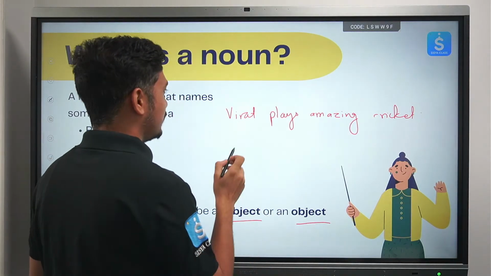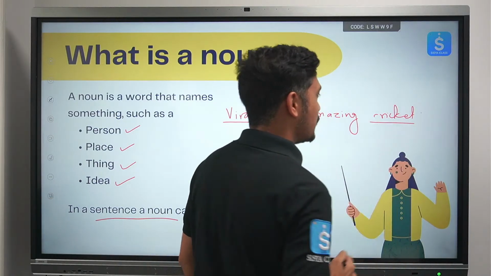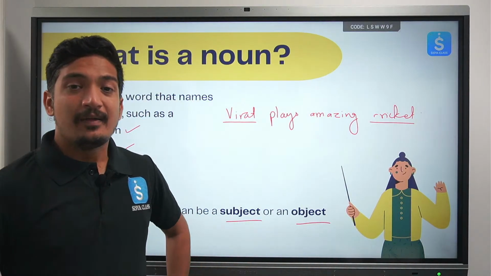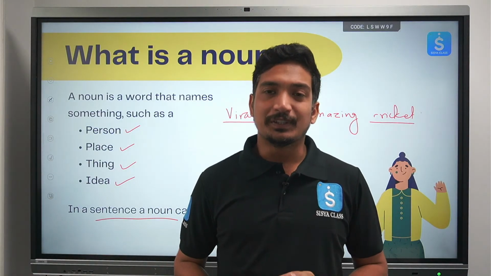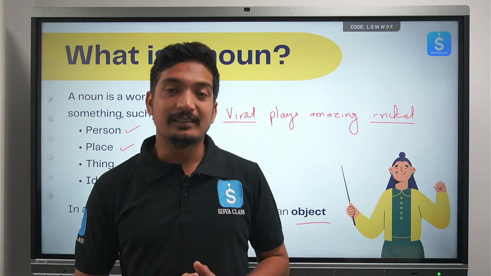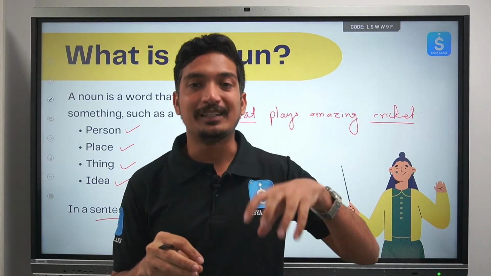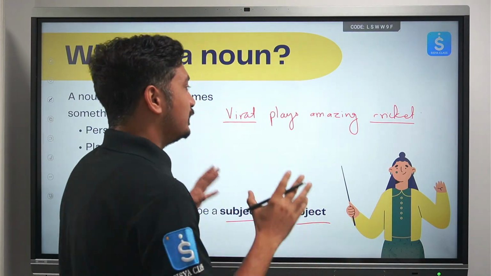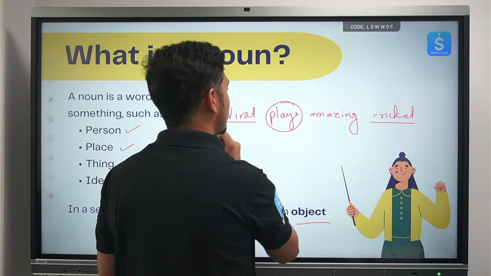The nouns that we have are Virat, the name of a person, and cricket, the name of a sport, right? Now you will ask yourself this question: which part of this sentence is doing the action, and on which the action is being done. Now the two things that we have are Virat and cricket. The action that we have is plays.